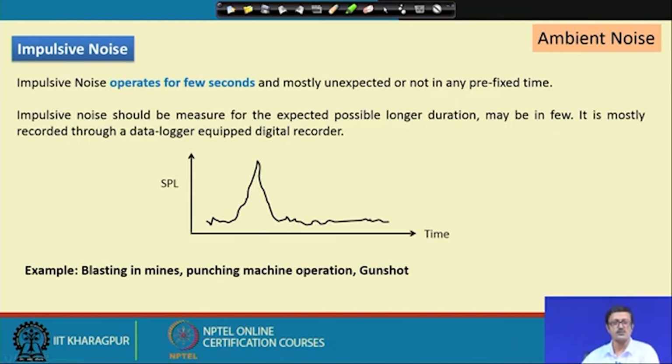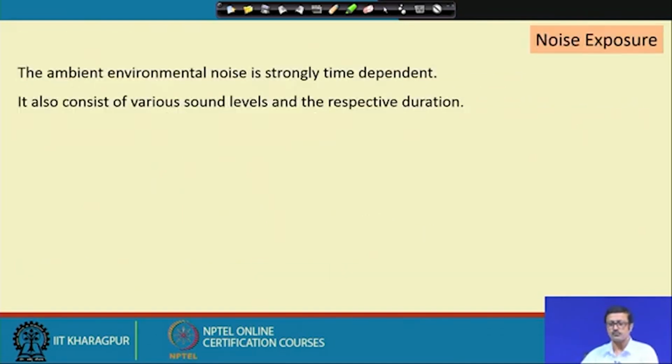Suppose there is blasting in a mine, punching machine operation, gunshot, or a very high speed sports bike that gives a tremendous amount of sound but does not move very frequently; these can be examples of impulsive noise.